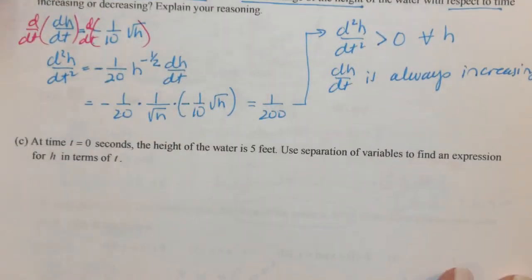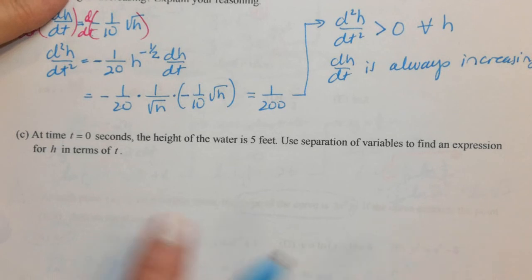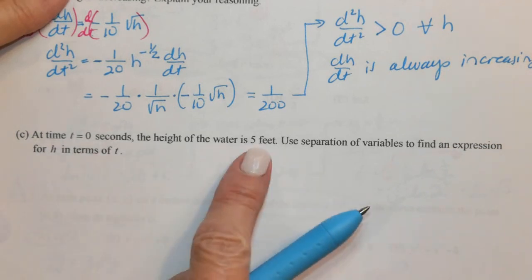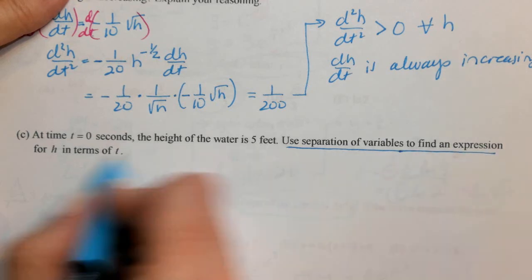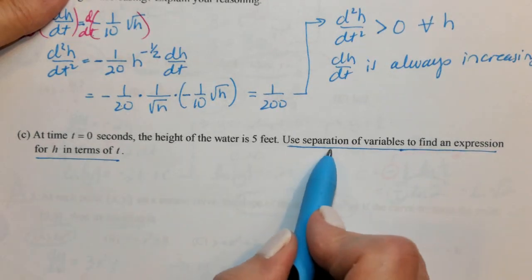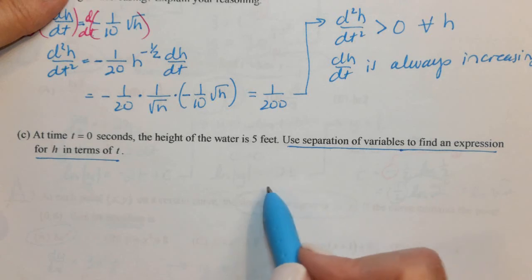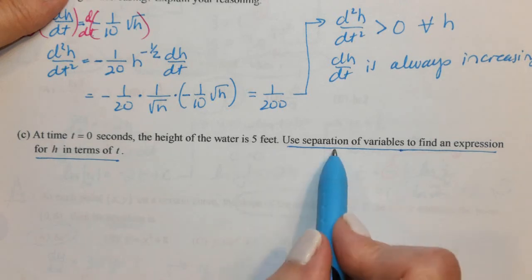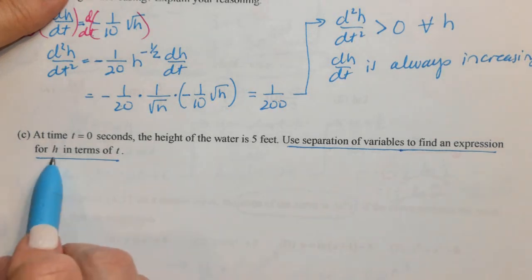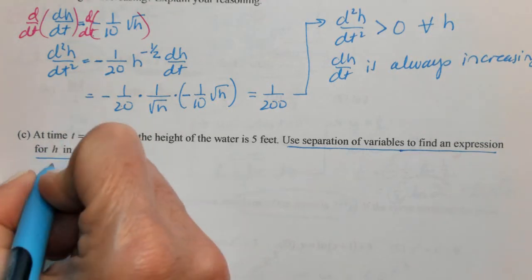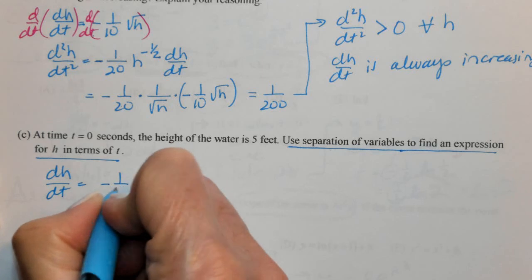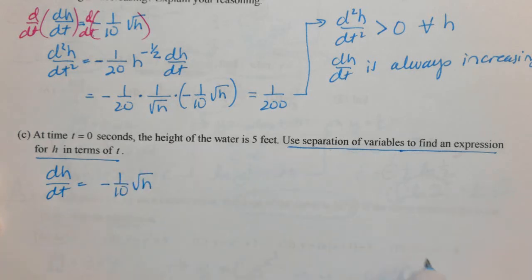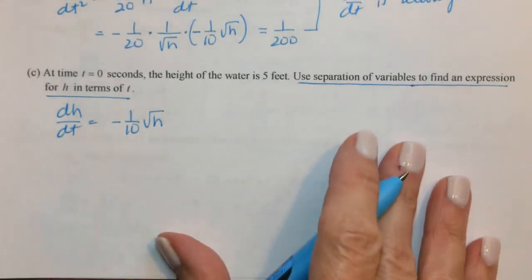Okay. Then in part C, at time 0, the height of the water is 5 feet. Use separation of variables to find an expression for h. How nice of them to tell you what to do. Separate and integrate to find h. So we're solving this differential equation. Separate, integrate.